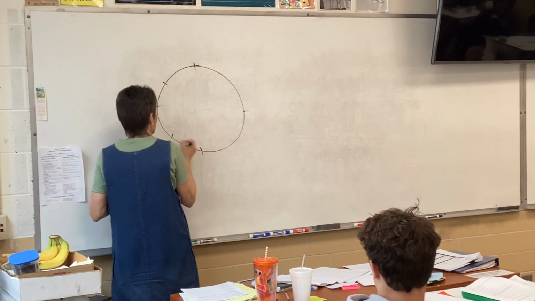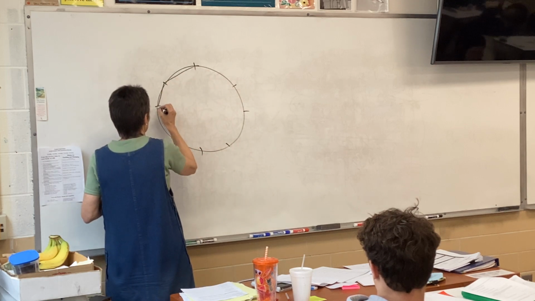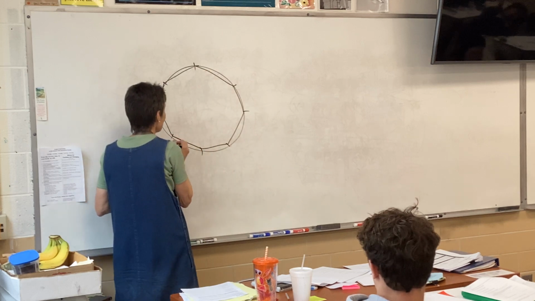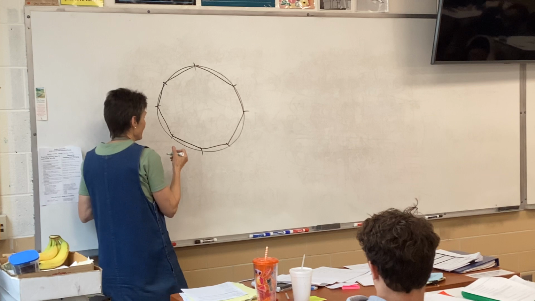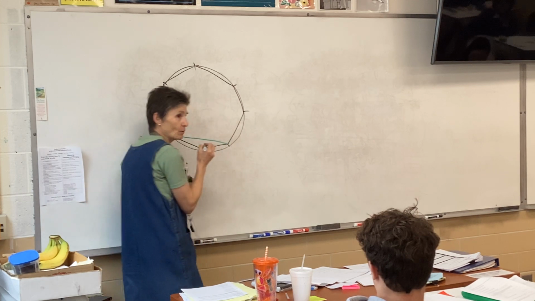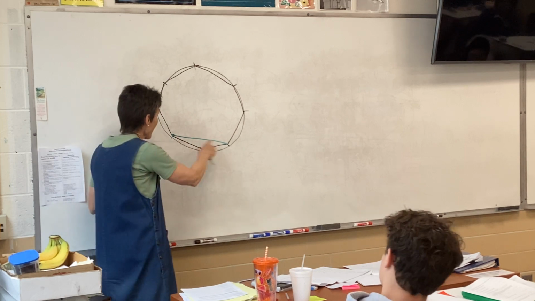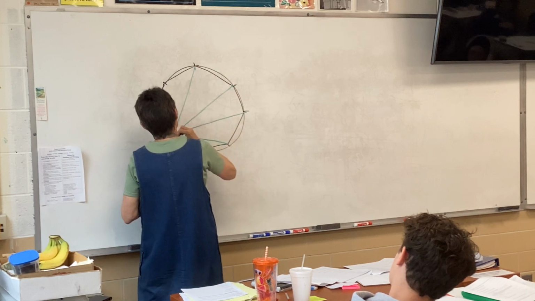And the diagonals, I have 1, 2, 3, 4, 5, 6, 7, 8. So the diagonals are segments that join non-consecutive vertices, right? This would not be a diagonal. But that would be 1, this would be 1, this would be 1, this would be 1, and so on.